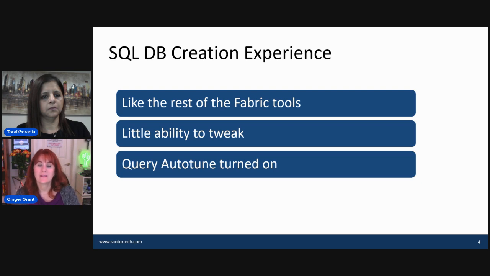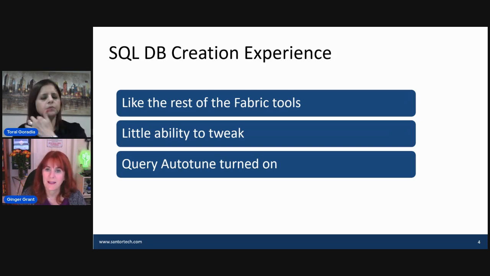What AutoTune does is it is constantly evaluating what you are using the database for. And in that evaluation, it will automatically add indices that it sees that you need. And let's say that your database is the backend for an application.